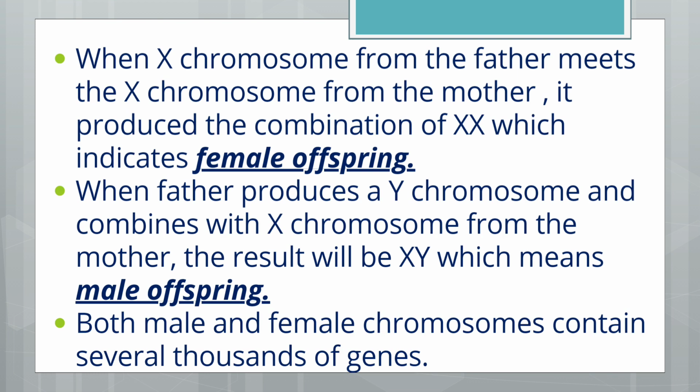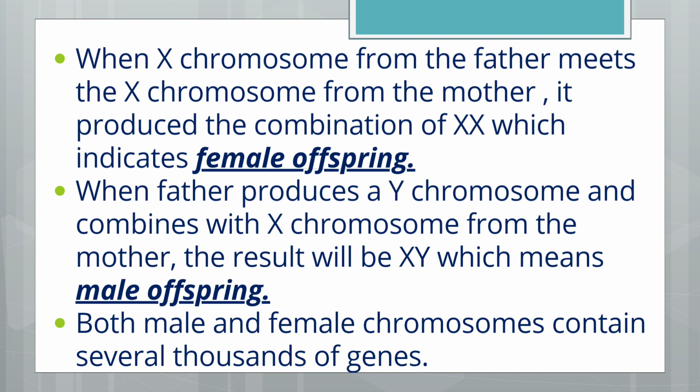So when the X chromosome from the father meets the X chromosome from the mother, it produces a combination of XX, which indicates a female offspring, just as I mentioned earlier. Then when the father produces a Y chromosome and combines with the X chromosome from the mother, the result will be XY, which means a male offspring.